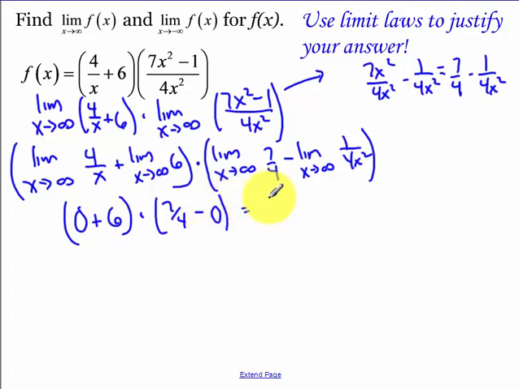So I would have 6 times 7/4, which is 21 halves. And this is what that horizontal asymptote would be. So if you graph f of x in your calculator, you're going to get 21 halves as your horizontal asymptote. Now with this step, I'm just going to look at the infinite limits, the negative infinite limits, I should say.